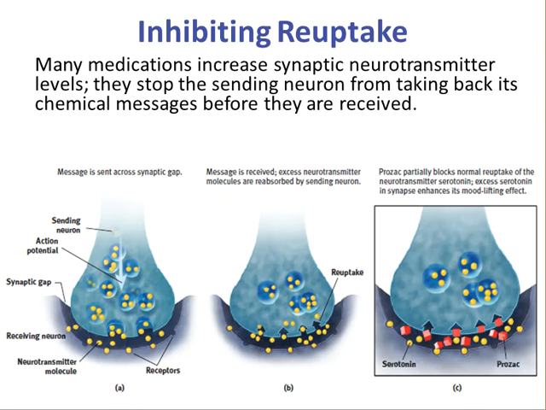But after it sends its message and it's been received, the neurotransmitter is reabsorbed. Drugs like Prozac will block the serotonin reuptake back into the axon, basically allowing the serotonin to remain active longer in one's brain.